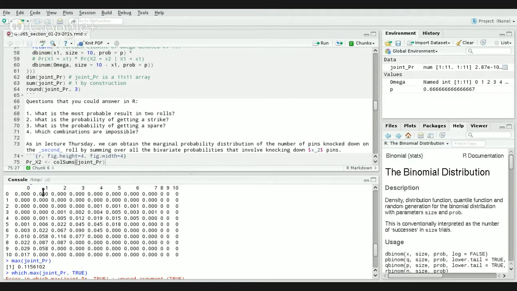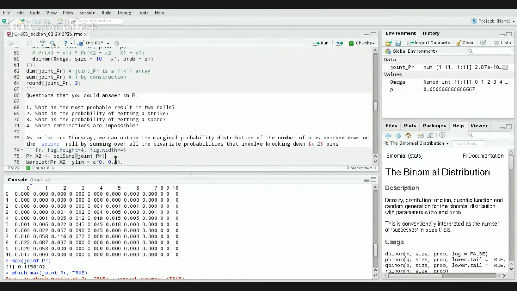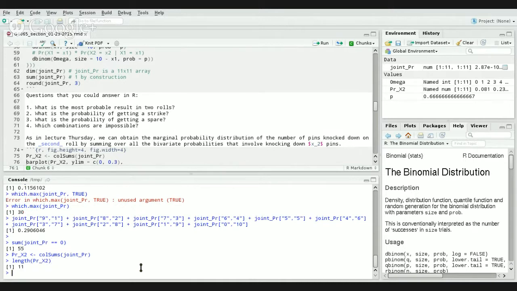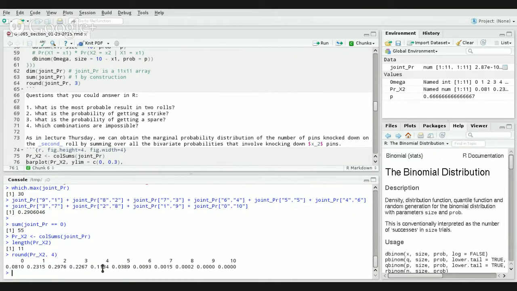To do this for all the possibilities of things that could happen on the second try simultaneously, we can execute this line in R, which gives us a vector of length 11 for all those probabilities. We could look at those, again, rounding to 4 digits or so.